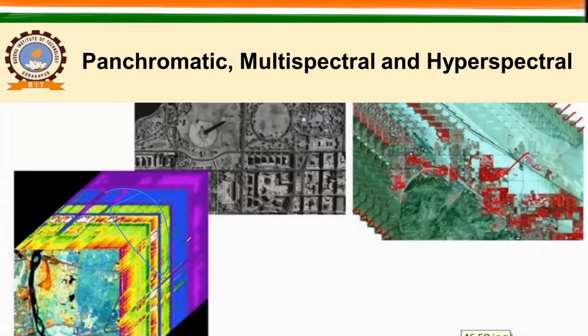Whenever we say panchromatic, it may be 0.4 to 0.7, the range occupied to generate your panchromatic. And this one is your multispectral data.